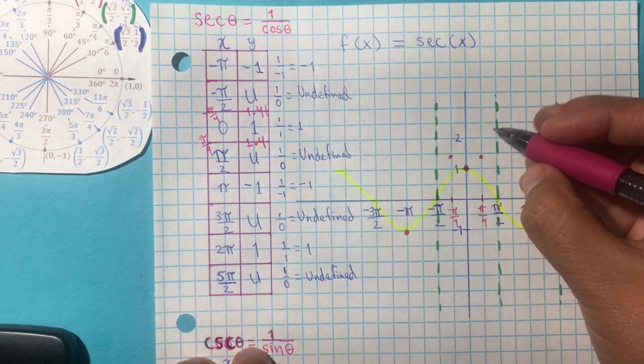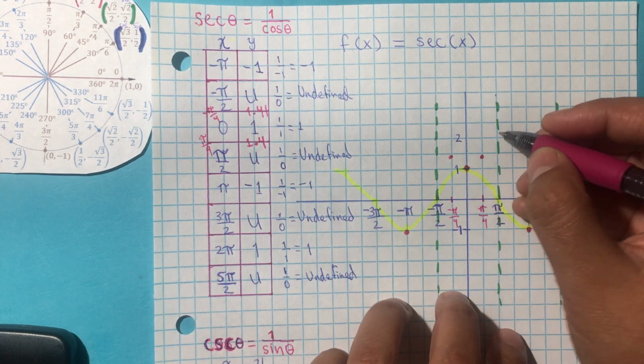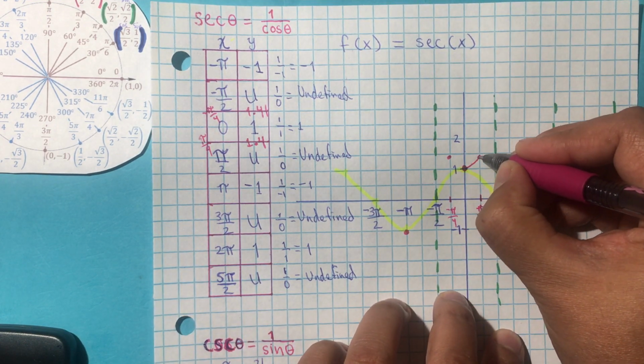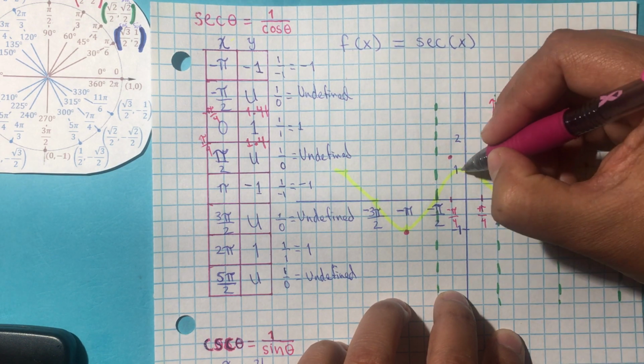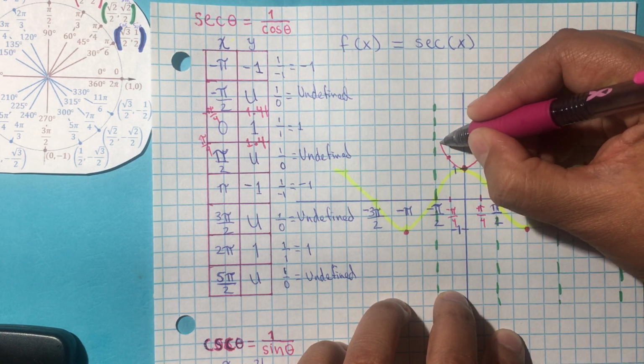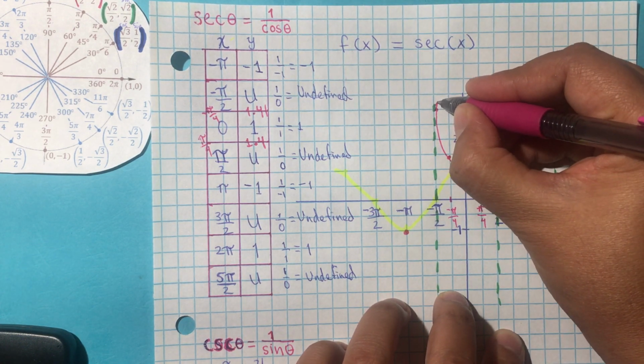And so that's just to show you that this graph will actually go up approaching that asymptote but never touching it. And we're going to do the same thing over here, approaching but never really touching it.